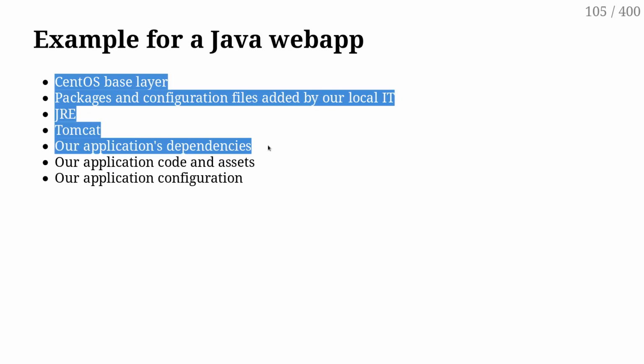All those layers can be exactly the same between the two containers. It's a different version of the code, so the last two layers are going to be different, but those layers can be the same. I won't have to have them in duplicate on disk.